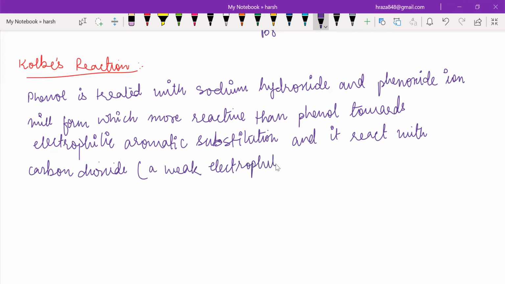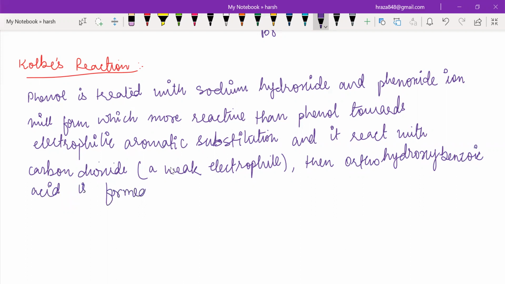But still it reacts because the phenoxide is very reactive. Then ortho-hydroxybenzoic acid is formed as the main product.